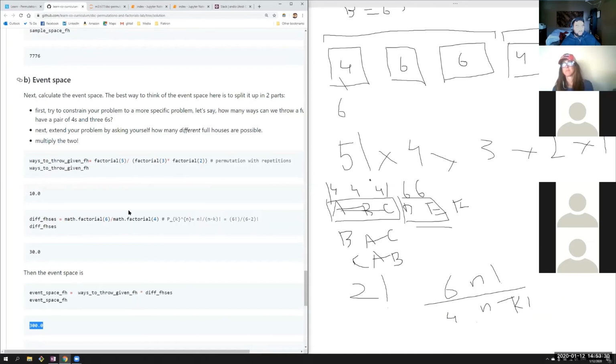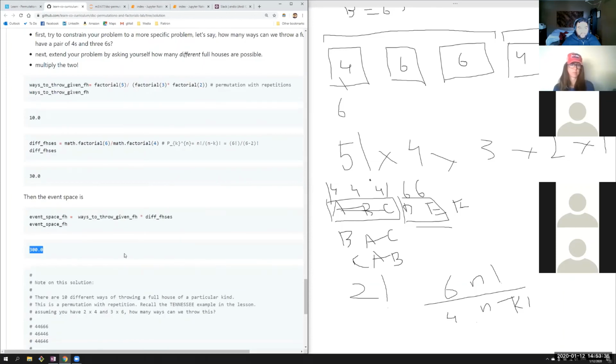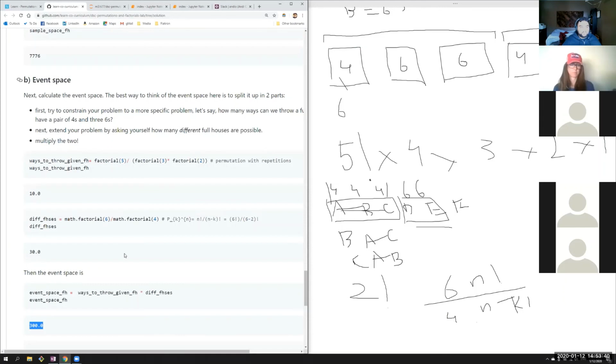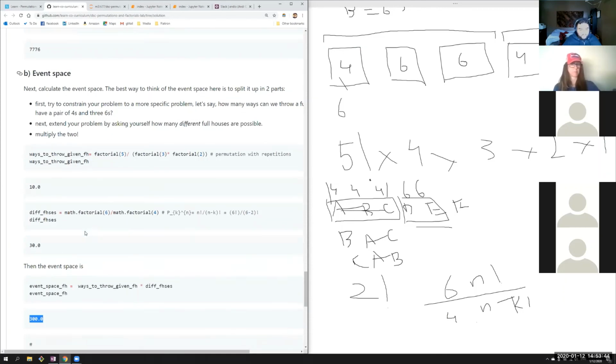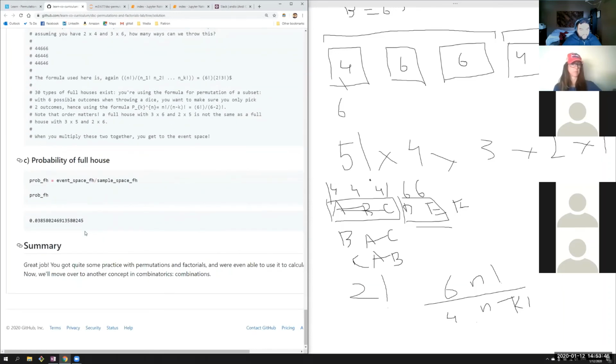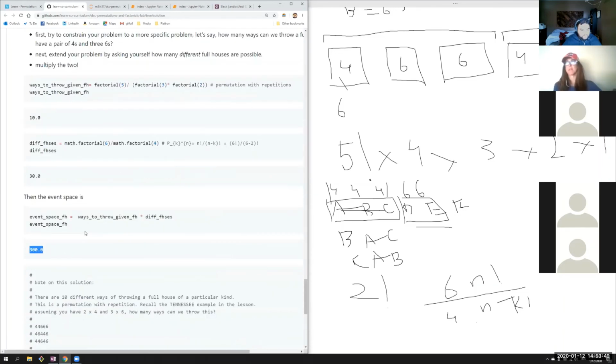It's just going to be all possible ways to roll the dice, which should be 6 raised to the power. Wait, no, 5 raised to 6, right? No, hang on, am I doing that right? No, 6 raised to 5, right? What is the sample space? Well, how many events?